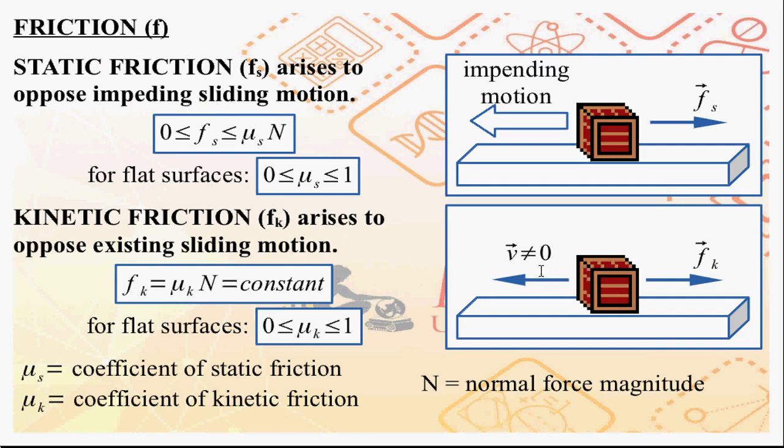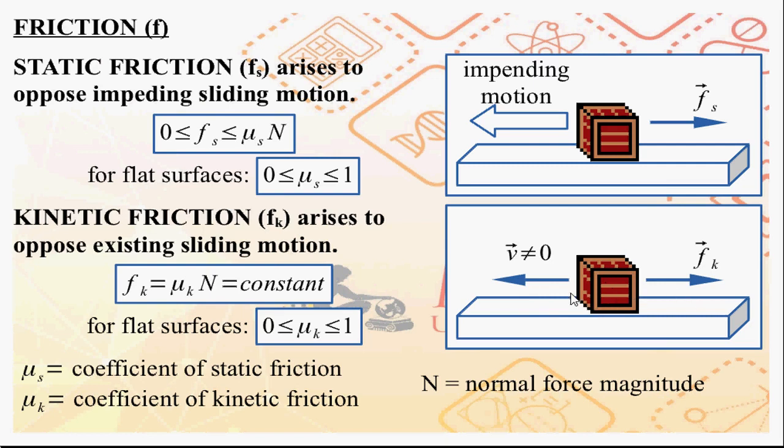If the motion is heading to the left, kinetic friction is heading to the right. If the motion is heading to the right, kinetic friction will be heading to the left. Friction opposes existing motion. It wants to slow down the sliding motion and make the object come to a stop.